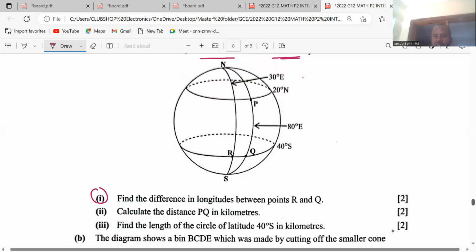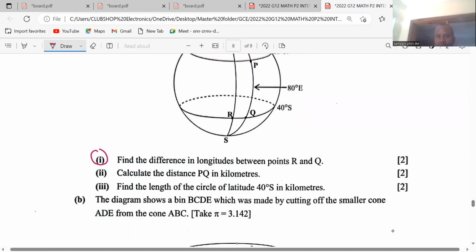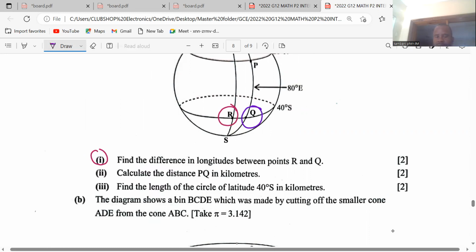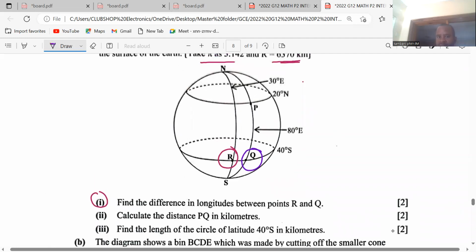So you need to identify these points. We have point R here, and we have point Q here. After identifying these points, the next thing is to identify their longitudes. The longitude for point R is 30 degrees east, whereas that of point Q is 80 degrees east, because a longitude runs from north to south.